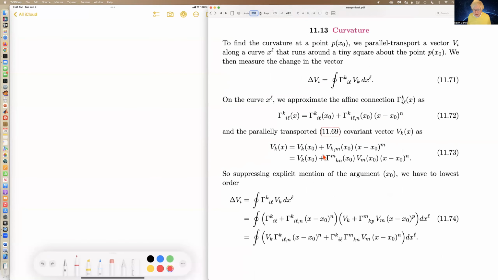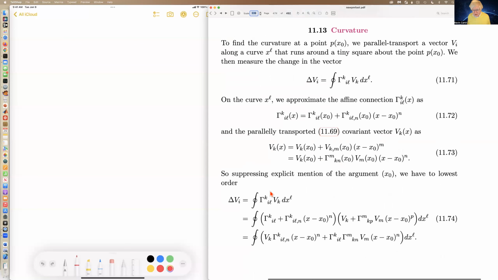And so that change then of the Christoffel symbol times the covariant vector integrated around the little square is going to be an integral of these two terms, where I'm going only to first order.